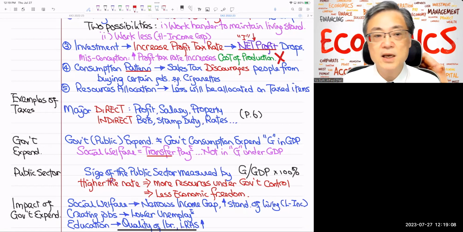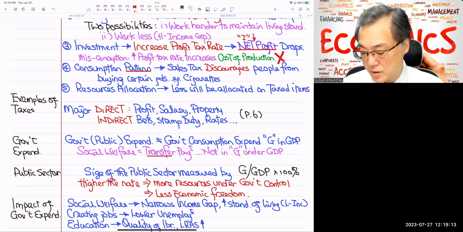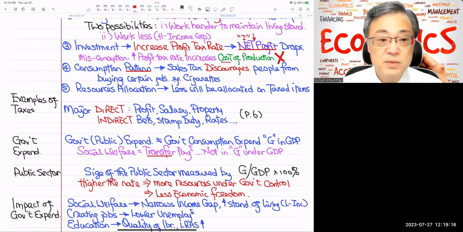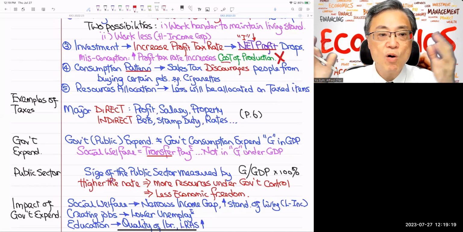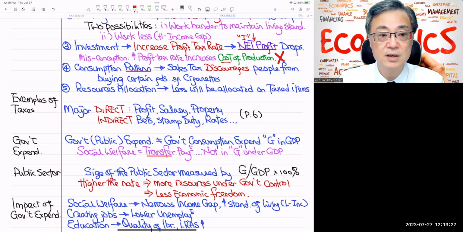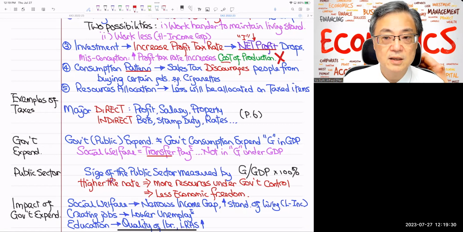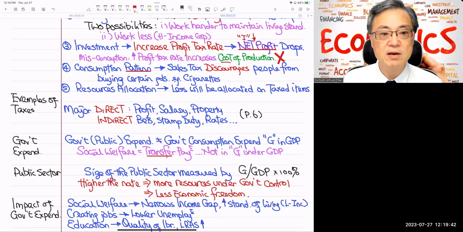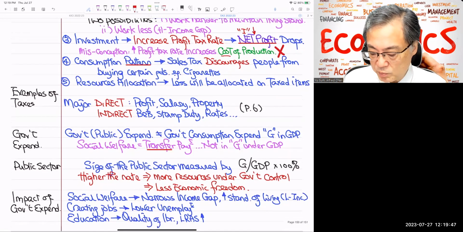However, it will not increase the cost of production, because when you have profit, all costs have already been deducted. Then you have profit, and my tax is on your profit. All costs are gone already. But I don't know why many people have this misconception, saying that if you increase the profit tax rate, the cost of production will increase and the seller will try to increase the price of the product. That is nonsense.